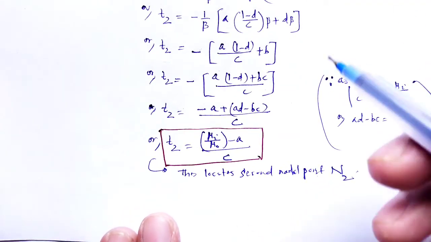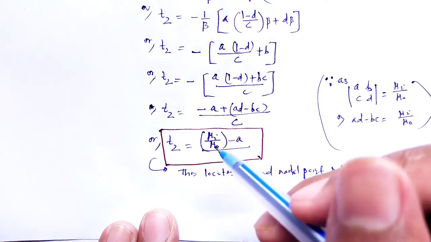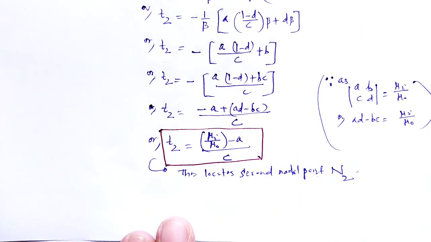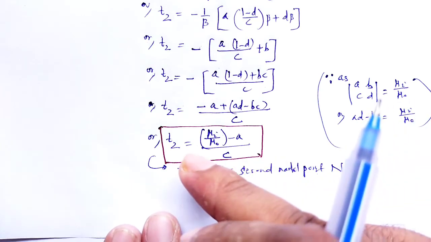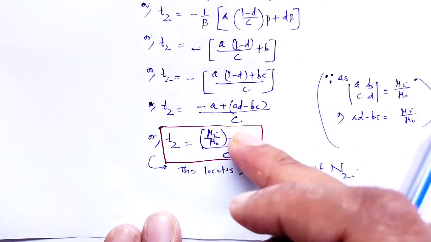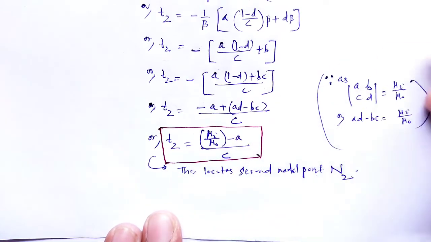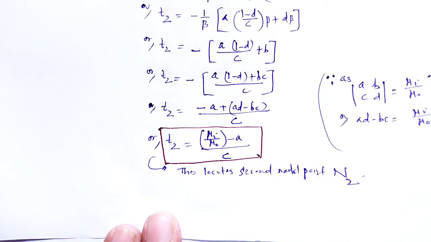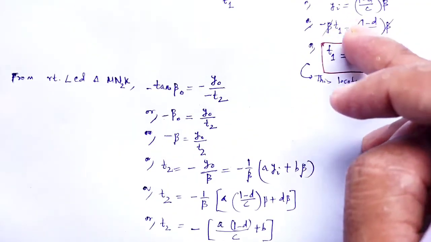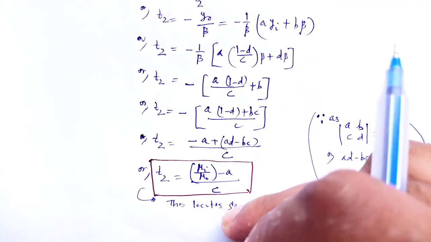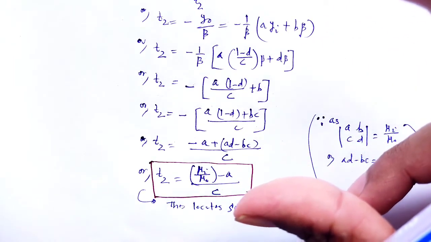Look at that expression. If mu I is equal to mu naught, meaning the refractive index before the input plane and after the output plane are the same, then here it is 1 minus A by C, that means T2 is equal to R2 as we treated in the first one, and T1 is equal to R1. So the principal points coincide with the nodal points.